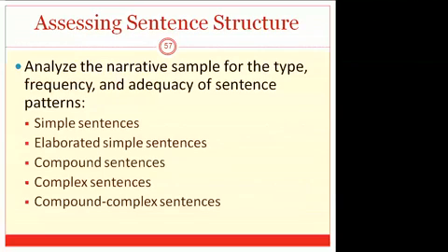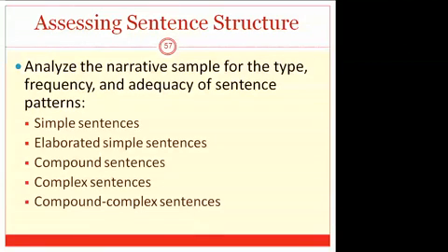When we assess sentence structure for a narrative language analysis, we will want to be analyzing the narrative transcripts for the types of sentence structures that are used by the student, the frequency with which each of those types is used, and also the adequacy of those sentence patterns.